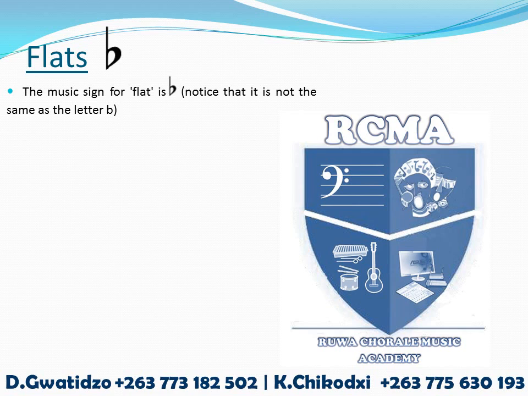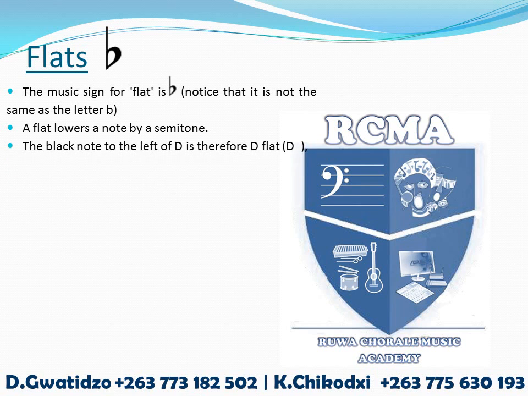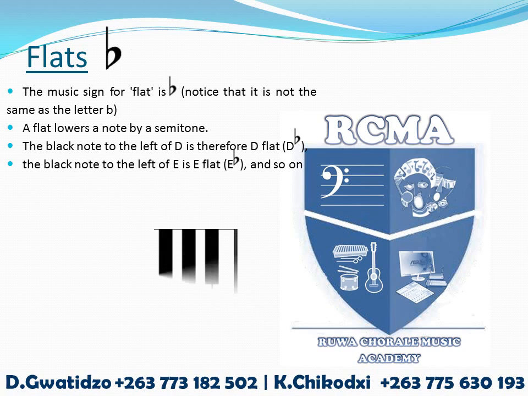Likewise, the black note to the left of D is therefore D flat. The black note to the left of E is E flat, and so on. Again, this is the diagram showing that. So we've got 5 flats, which are D flat, E flat, G flat, A flat, and B flat.